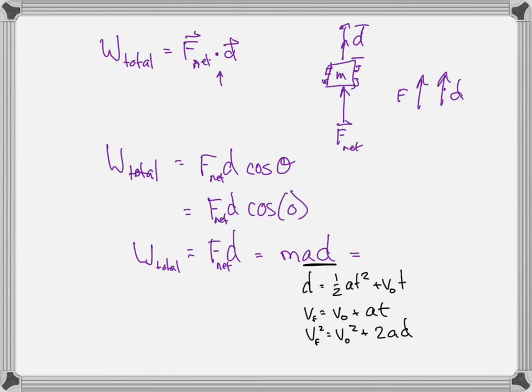Okay, so let's go ahead and look. I've got an AD there and an AD there, so I'm going to make a substitution. Divide both sides by 2 of this last kinematic equation, so I have Vf squared over 2 equals V initial squared over 2 plus AD, and therefore MAD must equal M times Vf squared over 2 minus V initial squared over 2.